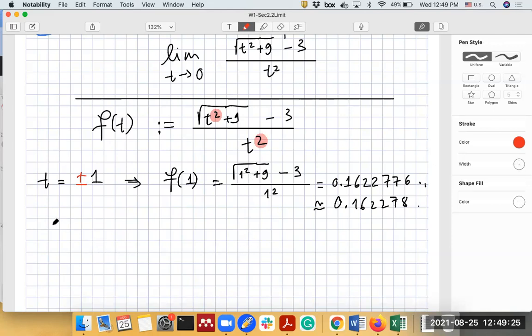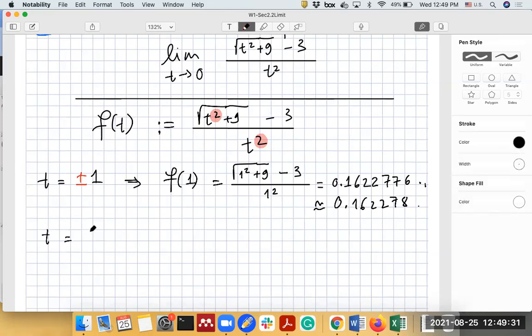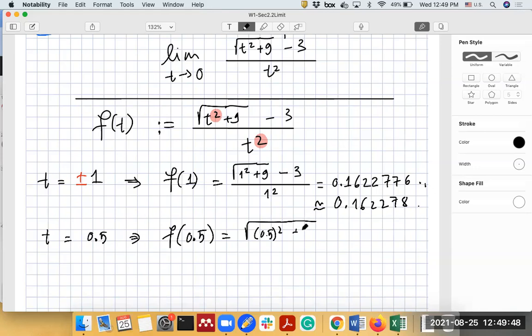How about t is 1/2? Try it, try it. I hear some result so fast. What was it? 573. 1.